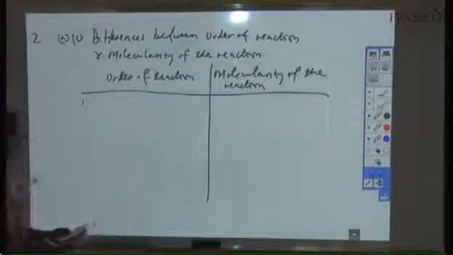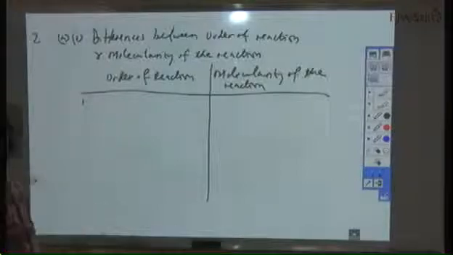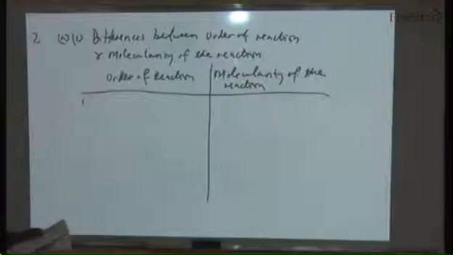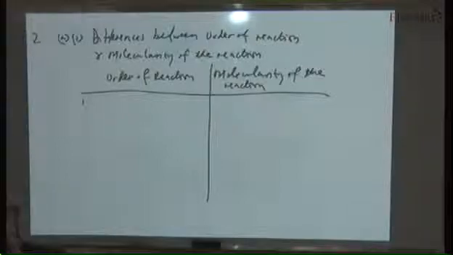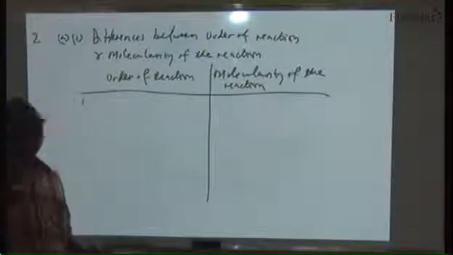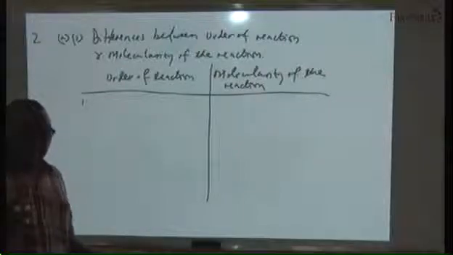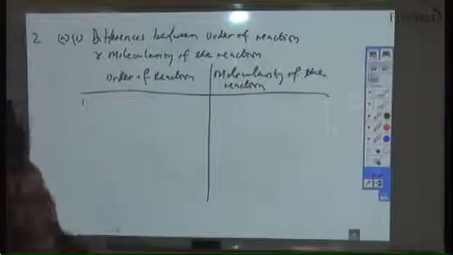The first one, when we speak of order of reaction, it is just the sum of the powers of the concentration in the rate law or in the rate expression. The sum of the powers of the concentration of a substance in a rate law is what forms the order of reaction.